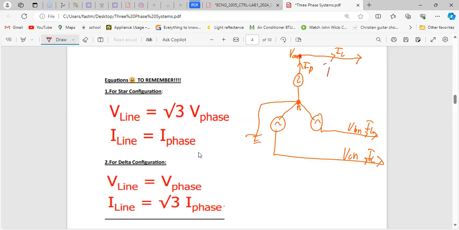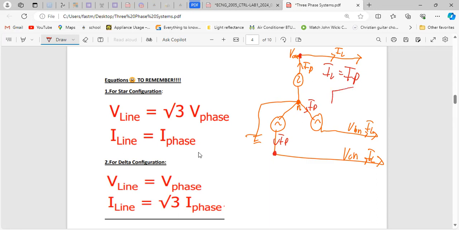So for a star, your I line is your I phase. It's the easiest thing to see because of this one line here connected to that line. You'll see the difference with the delta. Same thing for this line here: your I phase is equal to I line. Same thing for this one here, I phase is your I line. Yeah? Just looking at the diagram, you can just see it.